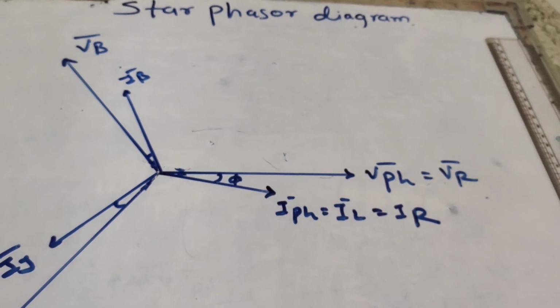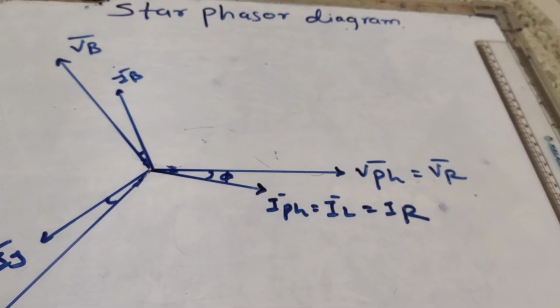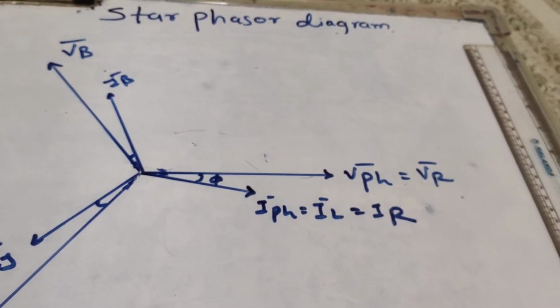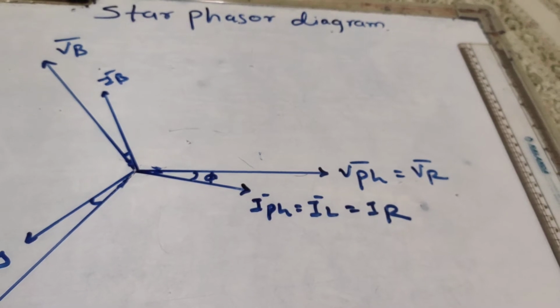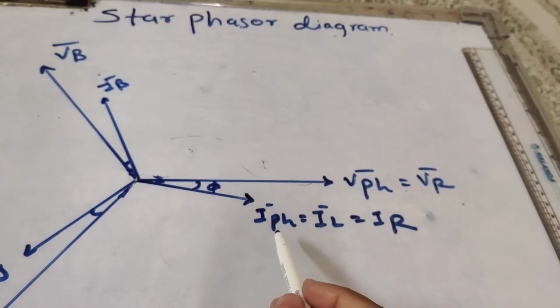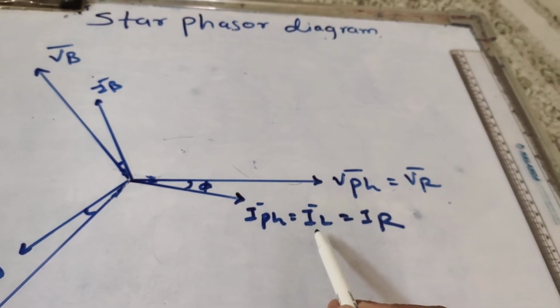Second step, draw the phase current. As we have considered the impedance Z is equal to R plus JXL, the current lags the voltage. So I have drawn here the phase current. In a star system, phase current is equal to line current.